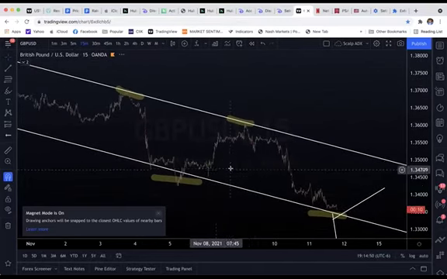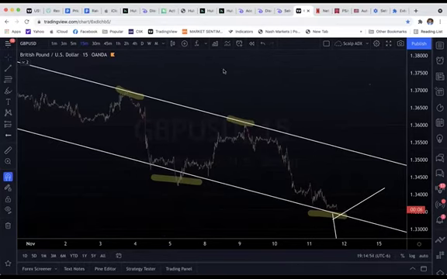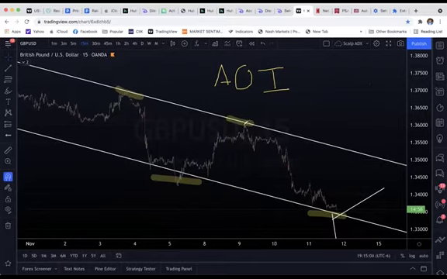Zooming out, and we already heard a person say it, this is an area of interest, whenever price is engaging with a trend line, and we don't know whether it's going to break the trend line or if it's going to reject, just based off what we see.